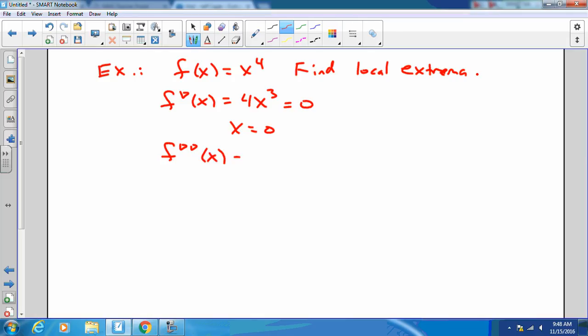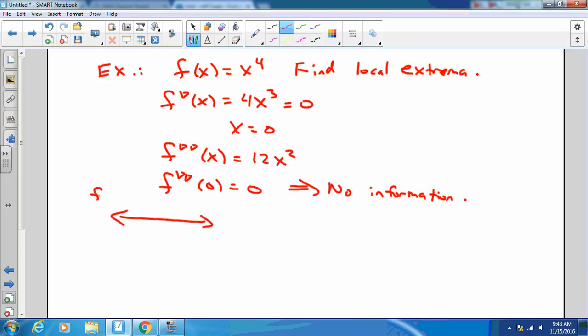The triple root is the sign of a problem. That's really where things are going to fall apart for us. Now when I consider f double prime, which is 12x squared, and I evaluate at 0, I get 0: no information. The test fails, or some other way of saying it does not apply; it didn't tell us an answer.